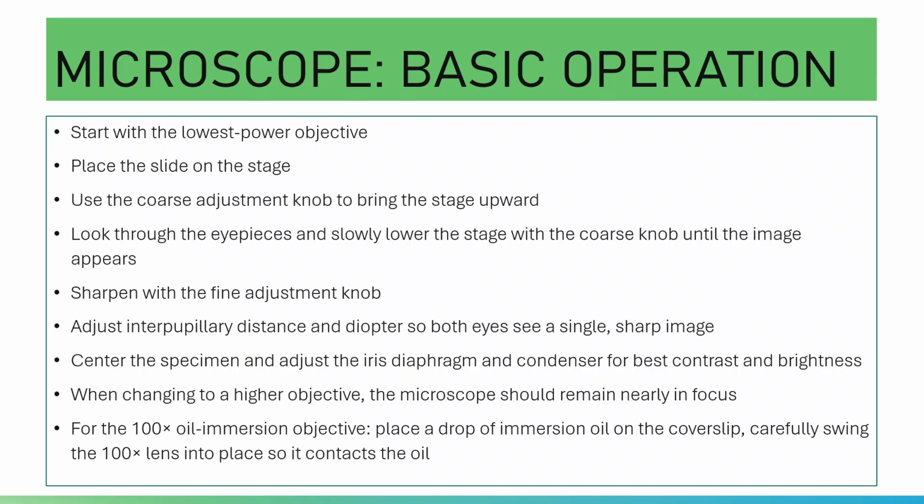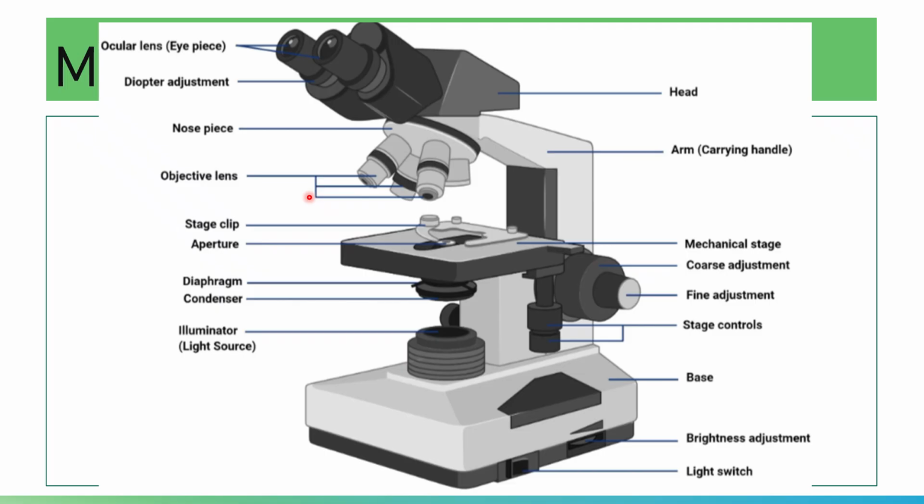So you have here a labeled image of a compound microscope. You have your ocular lens or the eyepiece, your diopter adjustment ring, your interpupillary adjustment, the head, the nosepiece, the arm.